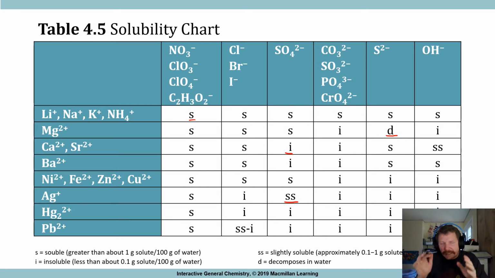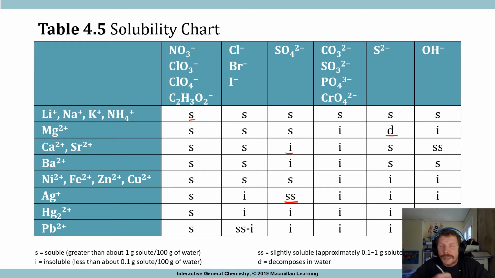This is an example of a solubility table. Now, the way that you can read this is any ionic compound that is found in this matrix, you'll be able to know whether it is soluble or insoluble based on that code that we just went over.